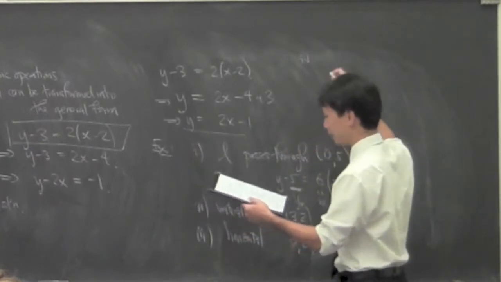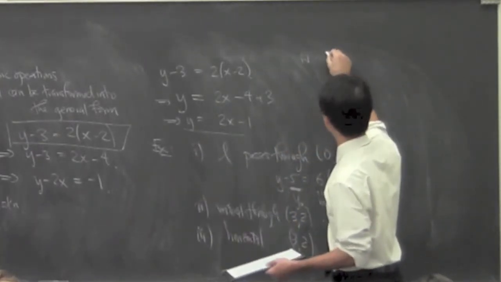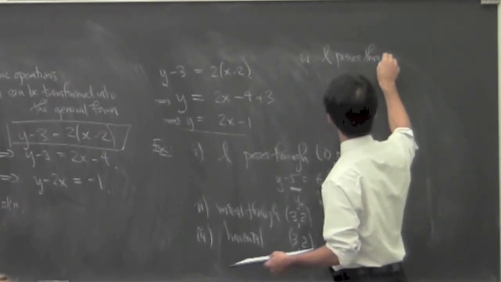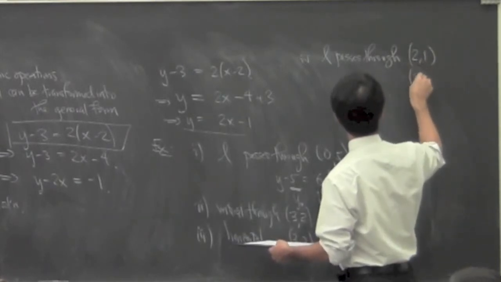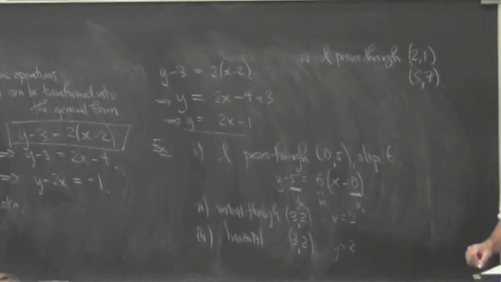Slightly more complicated. This is about as complicated as you can get with such problems. L passes through 2 points, 2, 1 and 5, 7. What's the line?